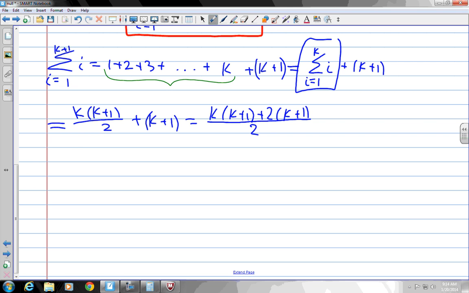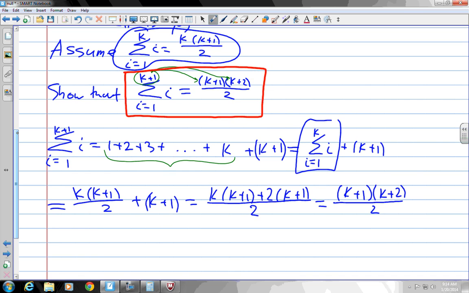I can factor k plus 1 out, leaves me with k plus 2 over 2. Right? Isn't that what I wanted to show? This is exactly what I wanted to get. I had to show that this thing equals (k plus 1)(k plus 2) over 2. And this is what I have. So I'm done. QED.